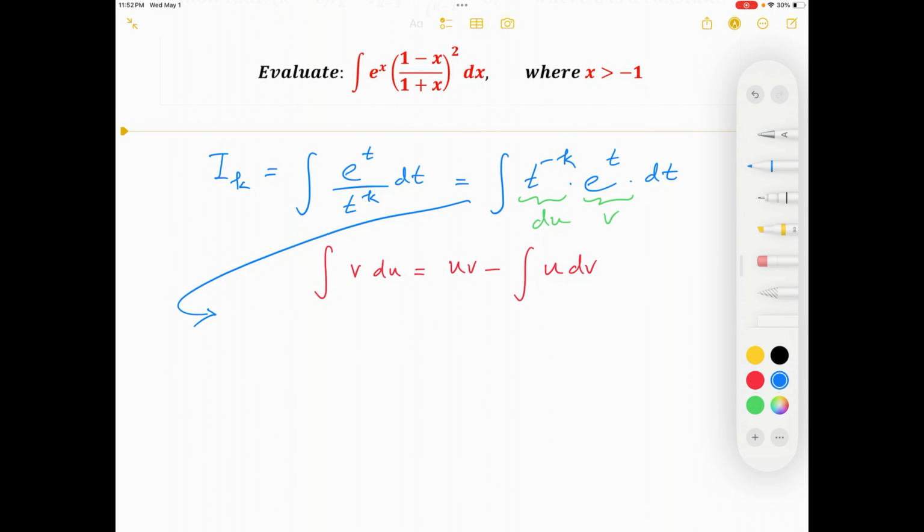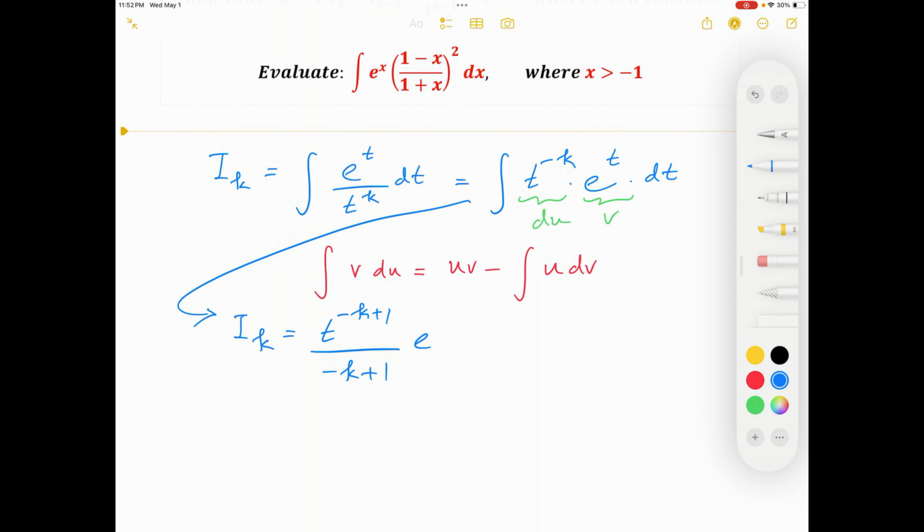Then our I sub k will be equal to, we have du being equal to t raised to the negative k. In order to obtain u, I need to integrate t raised to the negative k. If I do so, I get t raised to the negative k plus 1 divided by negative k plus 1.